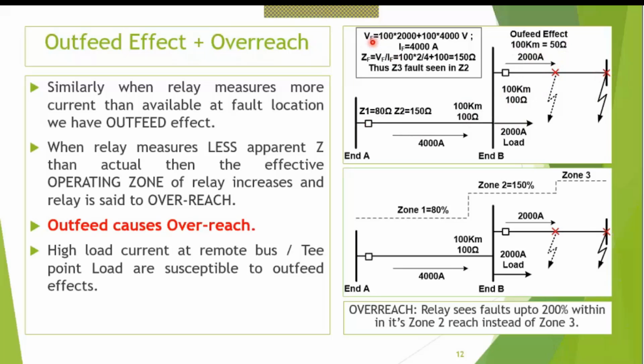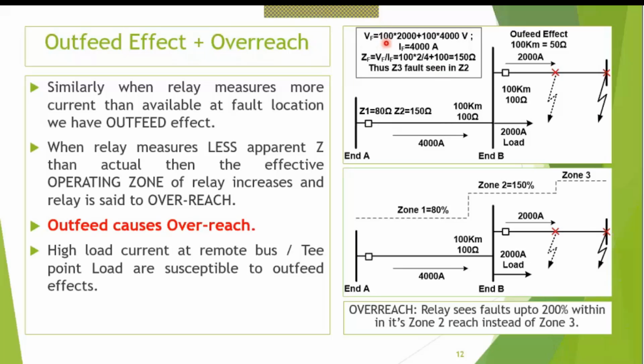Again we come to this equation. The voltage at this point, VF, I have written, it should have been written VR. VF will be what? 100 kilometer into 200 ampere, or 100 ohm into 200 ampere. The voltage is rising from here to here. So what is the voltage at this point? Assuming this point voltage is 0, it's a dead ground fault.